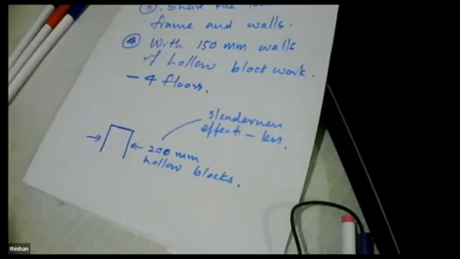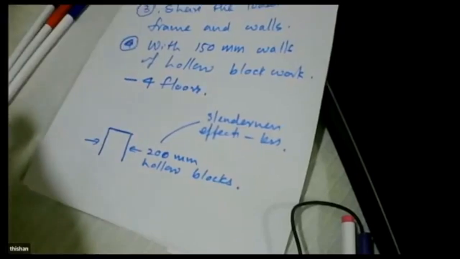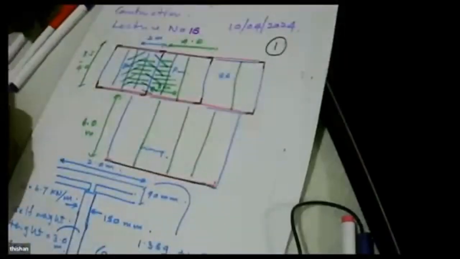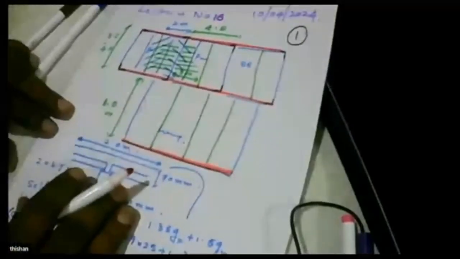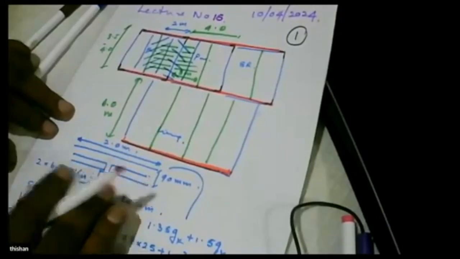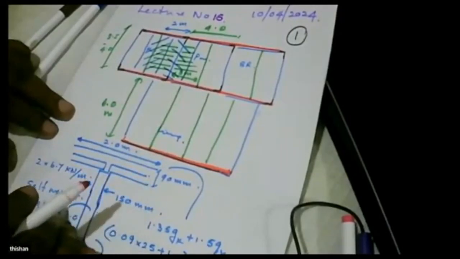If I show you the kind of drawing that I have made, now here you can see all these are concrete frames. So basically, what happens is, if you look at the uplifting associated with the cyclone, it will be something like 1 kilonewton per meter square.